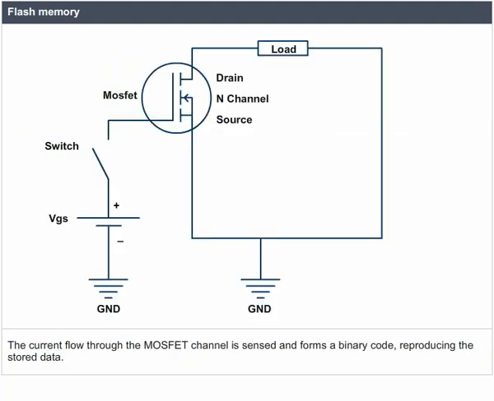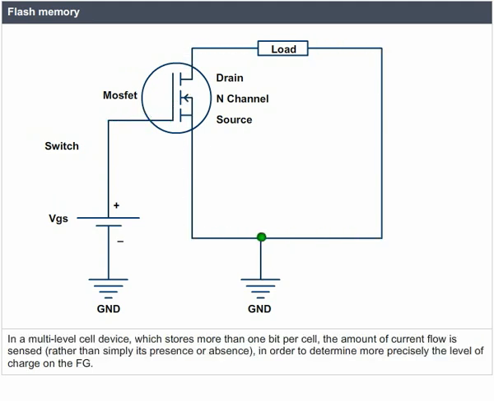The current flow through the MOSFET channel is sensed and forms a binary code reproducing the stored data. In a multi-level cell device, which stores more than one bit per cell, the amount of current flow is sensed rather than simply its presence or absence, in order to determine more precisely the level of charge on the FG.